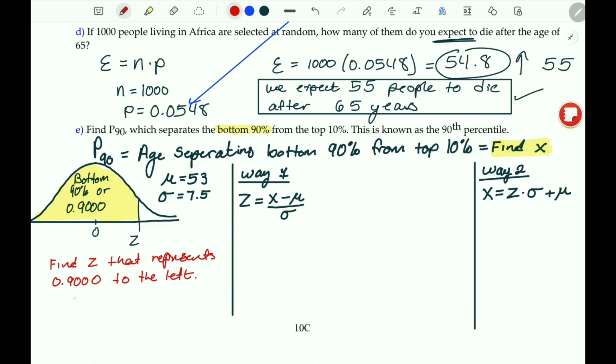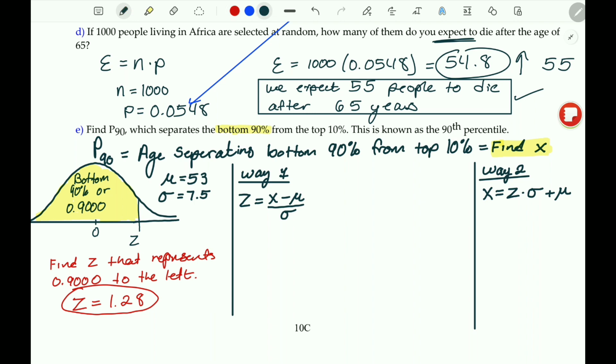That's great. We have our z-score. The z-score is positive 1.28. With that said, we now can solve for x. We can find that age that separates the bottom 90% from the top 10%.